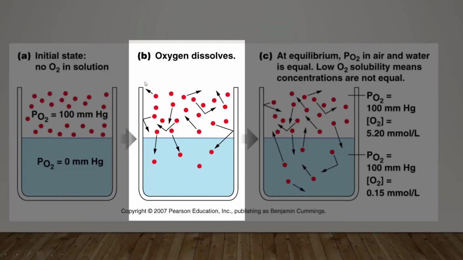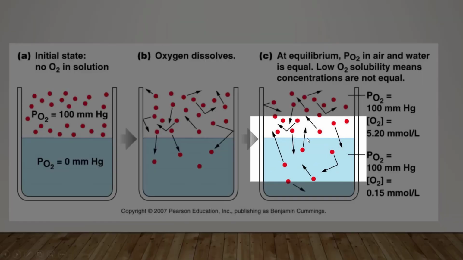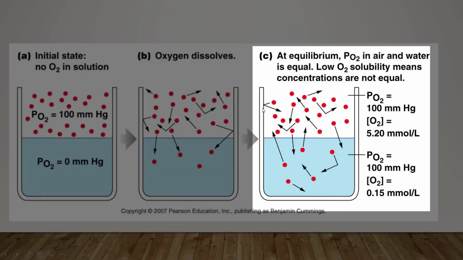Now we are going to go ahead and allow that oxygen to move. It bounces around. A lot of it stays in the air. A little bit goes in the water, but not that much. And at some point, the number of oxygen molecules diving in the water equals the number of oxygen molecules coming out of the water. At that point, we have reached equilibrium.